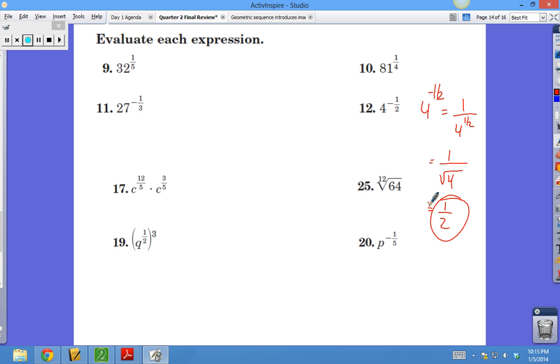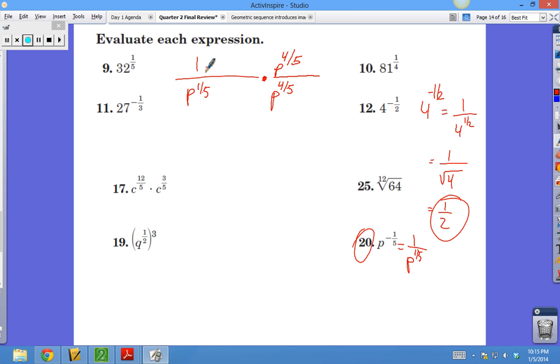But here's what I'm talking about. Let's look at the 20. P to the -1/5 is going to be 1 over P to the 1/5. Now it's illegal to have that on the bottom. So you need to be tricky with how you solve it. 1 over P to the 1/5, you need to multiply it by a clever 1. Your clever 1 is going to be P to the 4/5. Because I know when I multiply my powers, I add the exponents.